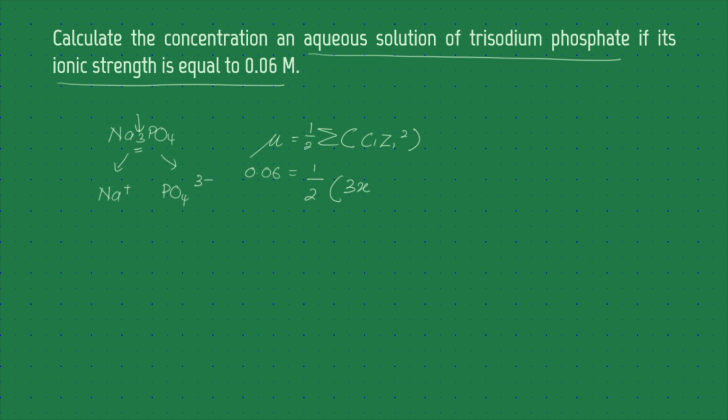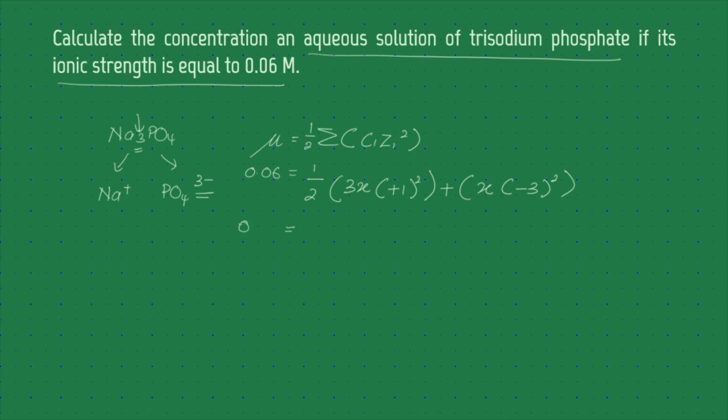We put x because we don't know the concentration, times positive 1 to the power of 2, plus, we also don't know the concentration, because it's the only solution here. So the other one is just 1 phosphate, so x times the phosphate negative 3 to the power of 2.